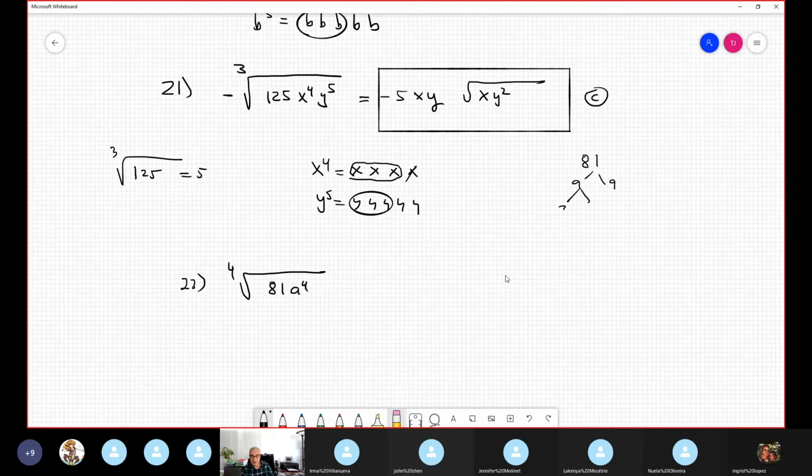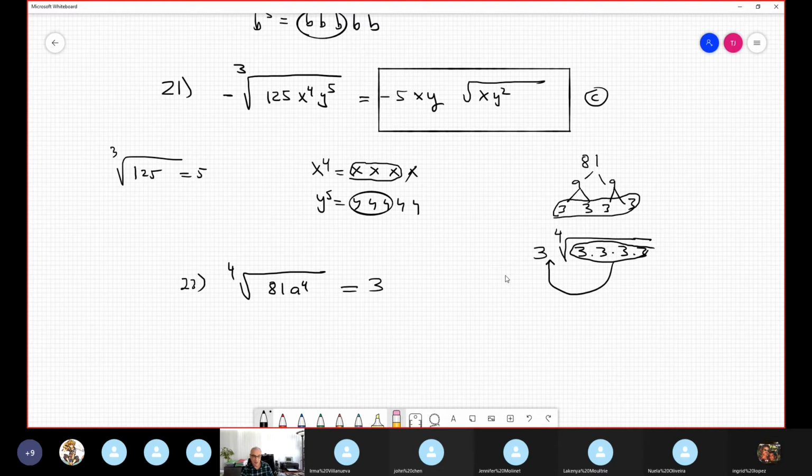And 9 is 3 and 3. It's one possibility to do the prime factorization. Actually, I can see that 81 is formed by four 3s. And when you have a fourth root of 3, 3, 3, and 3, the selection is 4 by 4. And it represents outside the radical only one 3. The answer is 3. And likewise, 4 divided by 4 is 1. The answer is 3. Super easy. Option C.